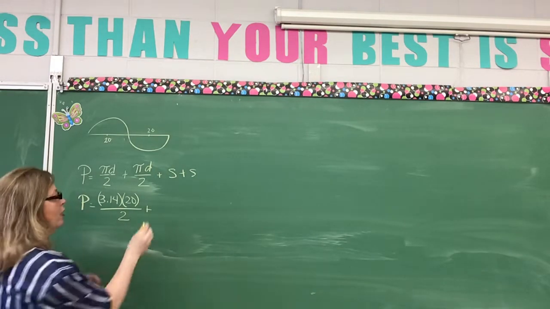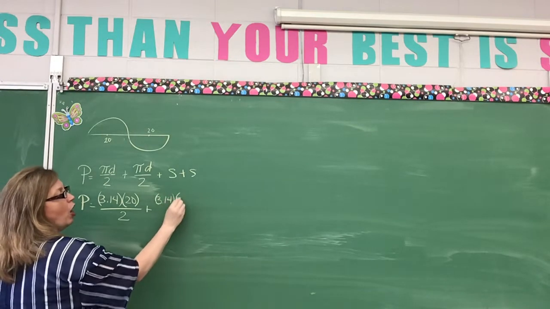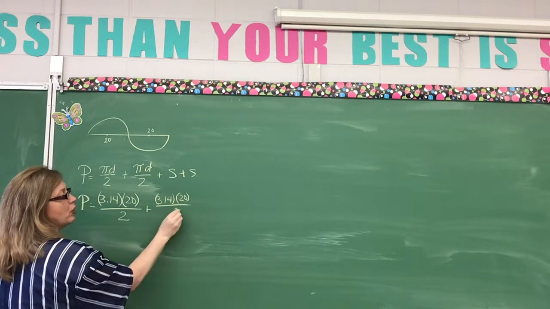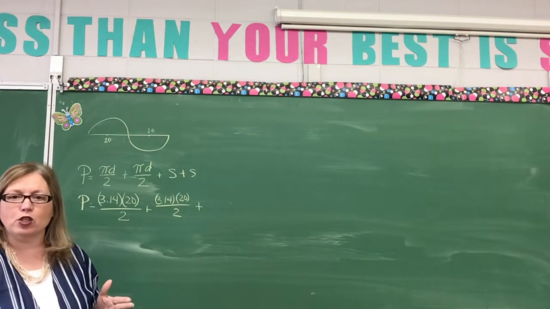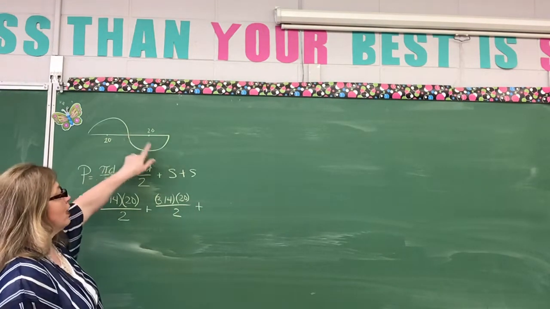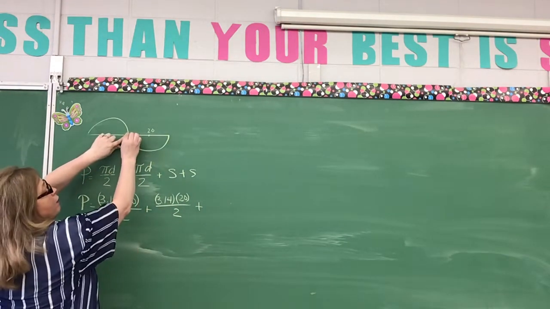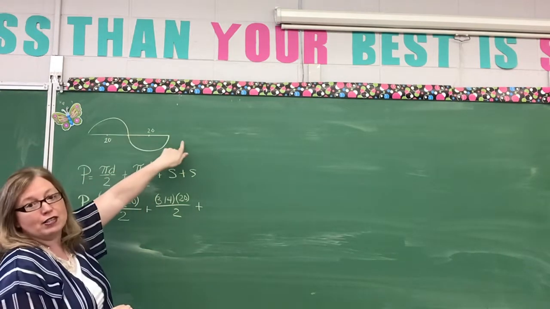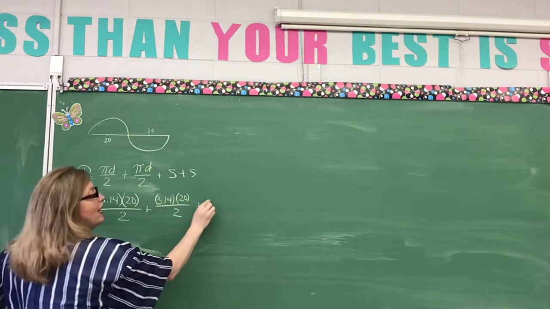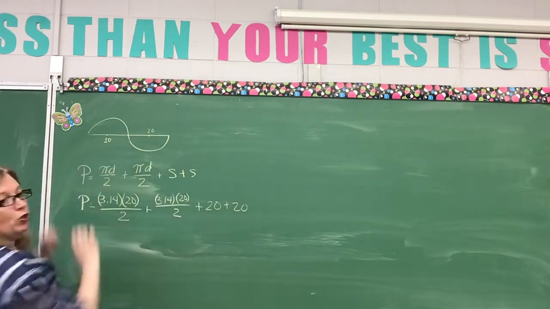It may or may not be in all of our problems, but in this particular problem, our length is 20 again. We're going to divide by 2. Now, you say, Mrs. Turner, what about the sides? That is the straight line, because what this formula gives us is only the length of the line from this point to this point that curves. It does not give us the line across the top. So we have to add in the 20 from each of these 2 lines.